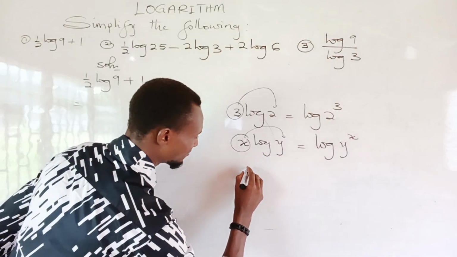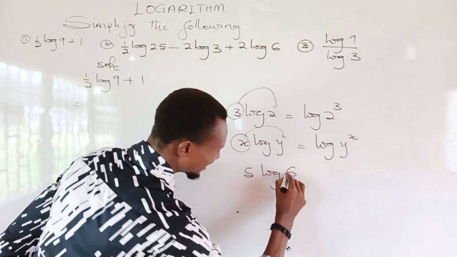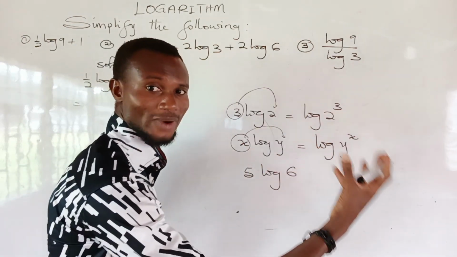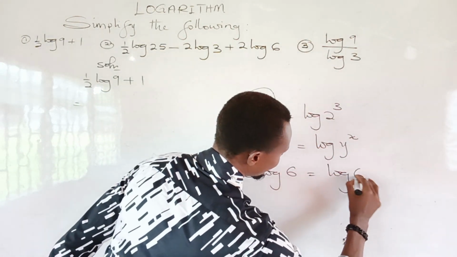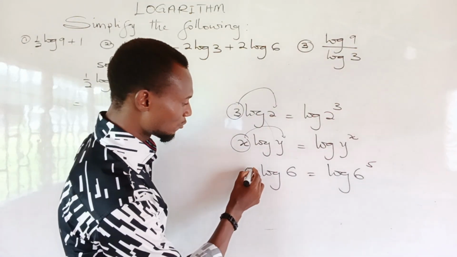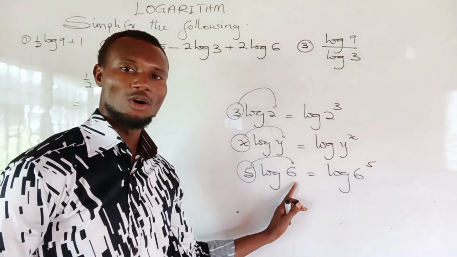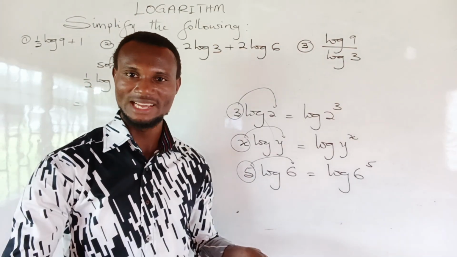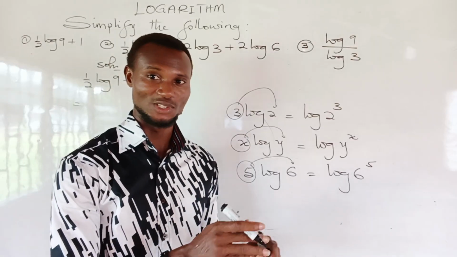So it means that if I have, let's say, 5 log 6, I can write it in another form, which is log 6 to the power 5. All that you need to do is to move the coefficient here to become a power to the number or variable, which is here. As simple as that. So that's what you are going to apply. I hope you understand up to this point.